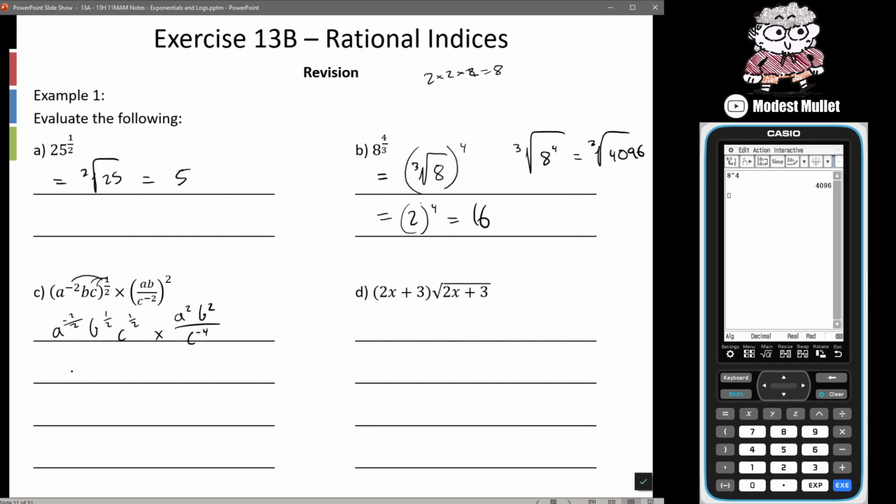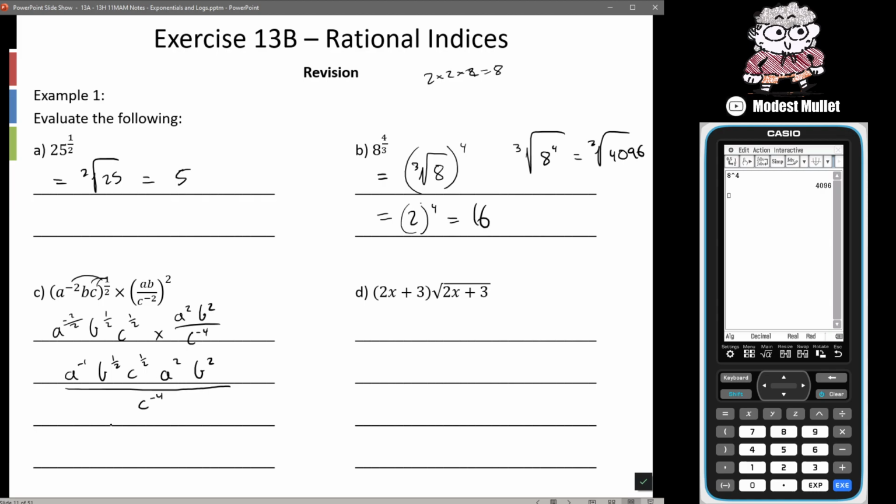Which I can now write as a to the -2 divided by 2, which is just -1, b to the half, c to the half, times by a to the 2, times by b to the 2, all divided by c to the -4.